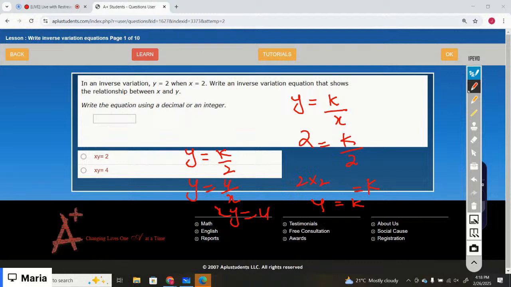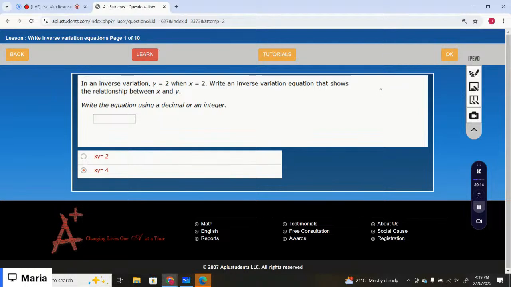The equation is xy equals 4. Option number 2 is the correct option.